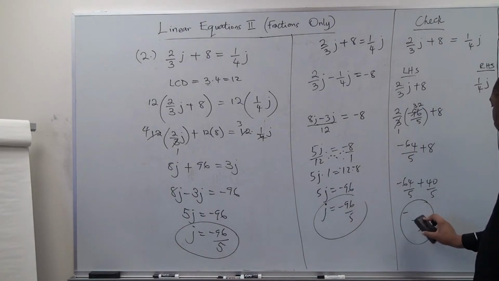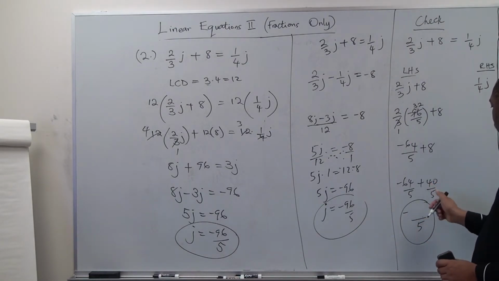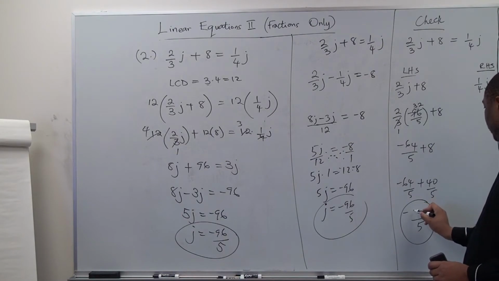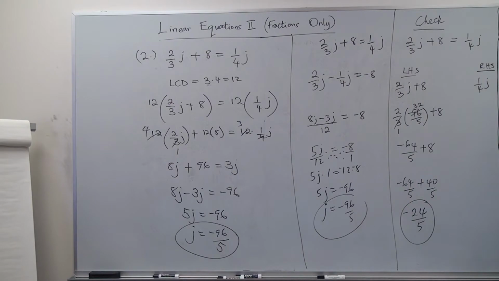This will give you negative 24 over 5. But if you don't want to do this, you can still do this as negative 64 over 5 plus 8 over 1, and the LCD is 5, and then you work it out like that. Just view the videos on the addition and subtraction of fraction. But this is what it will give you, negative 24 over 5.